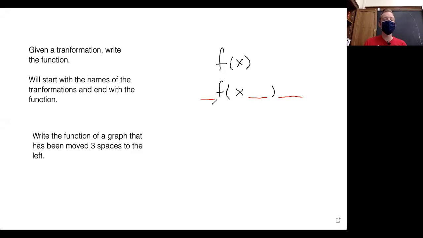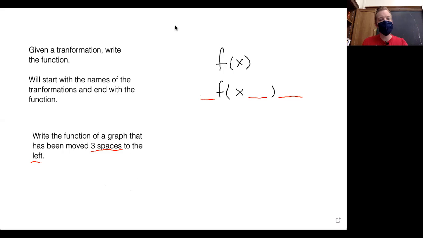So we need to figure out where this 3 spaces is going to end up in our function right here. If I'm moving my graph 3 spaces to the left, is that going to be in front of the f? Is that going to be inside the parentheses, or is that going to be on the end? It's going to be on the inside of the parentheses. Now, if I'm moving to the left, is that going to be +3 or is that going to be -3? +3, exactly.